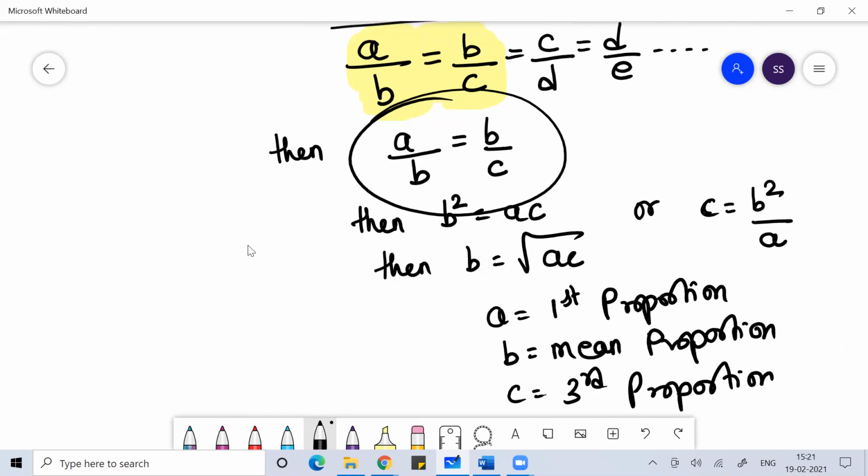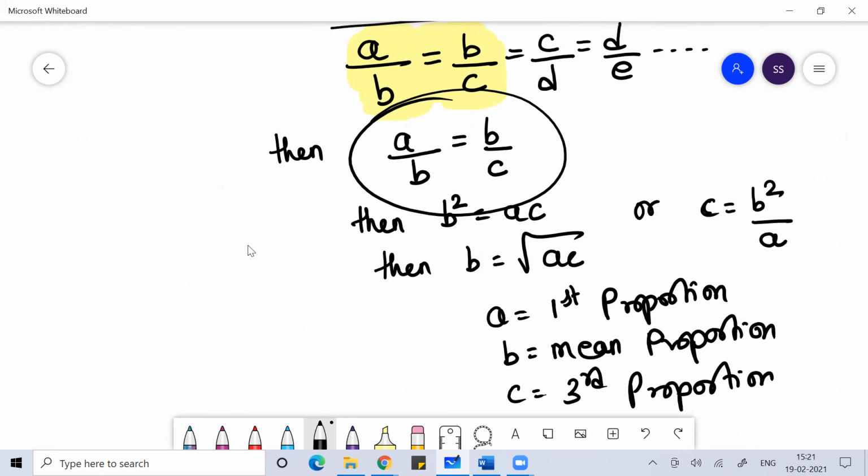So when in the exam you see any question where they ask you the mean proportion, you simply have to multiply the two terms and take the square root. That will give you the mean proportion. If they ask you the third proportion, take the square of the second term and divide by the first term.